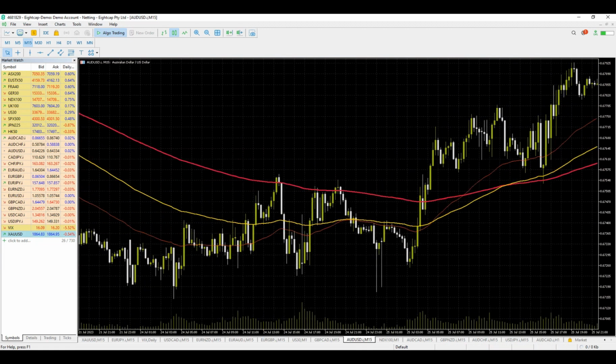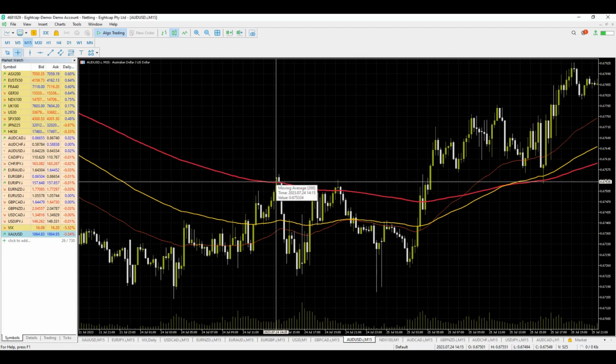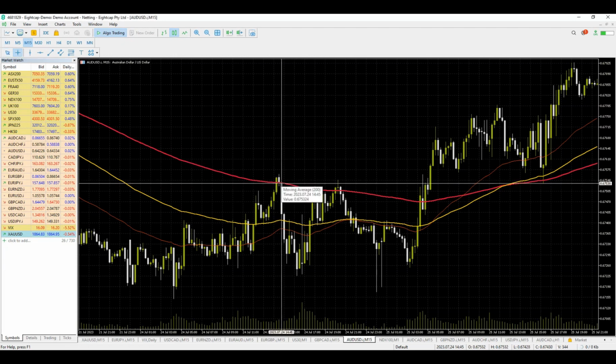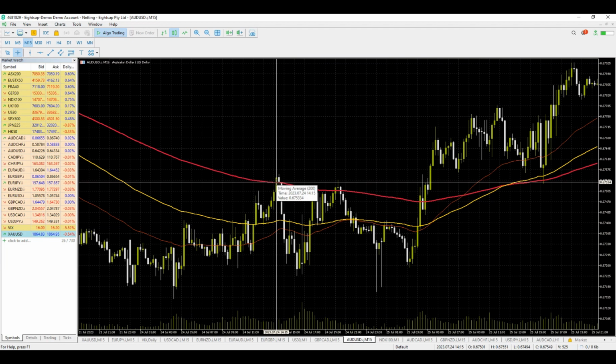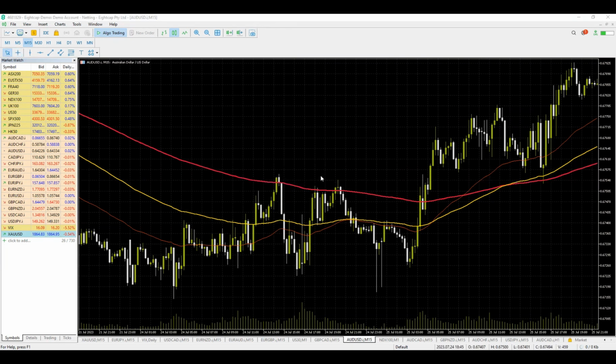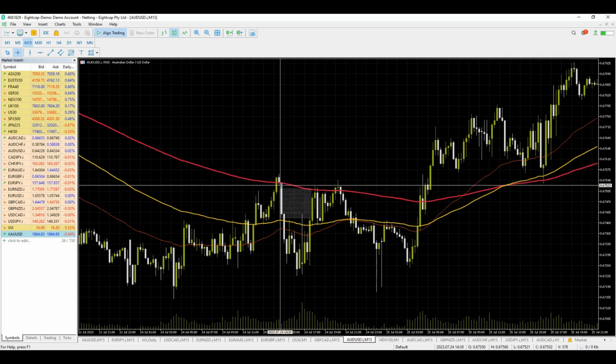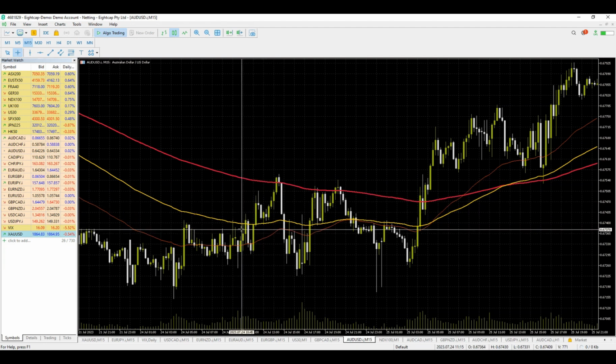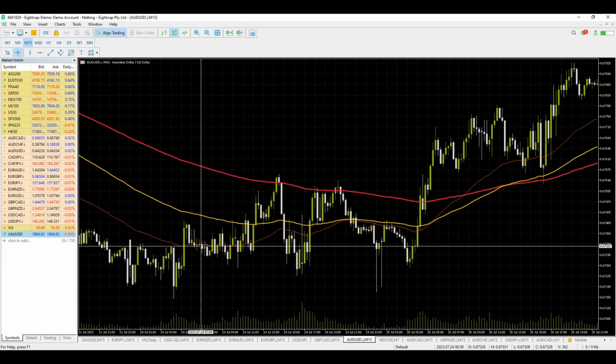One thing I have done before is just taking the trade based on the touch of the exponential moving average, but the problem with that is you can't identify your stop loss. So the best way is to wait for a confirmation on the reversal on that specific EMA.